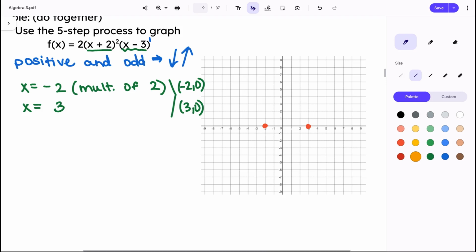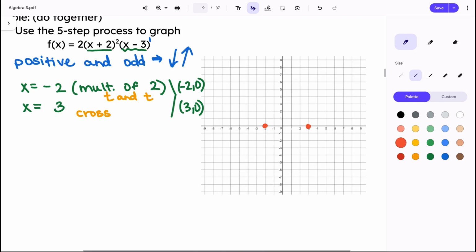Okay, now let's talk about with the multiplicity, if it's going to touch and turn or if it's going to cross. So remember, even multiplicity does what? Touches and turns. So I'm just going to write underneath here, T and T. You guys good with that? For touches and turns. And then at 3, because it's an odd multiplicity, it would cross here.